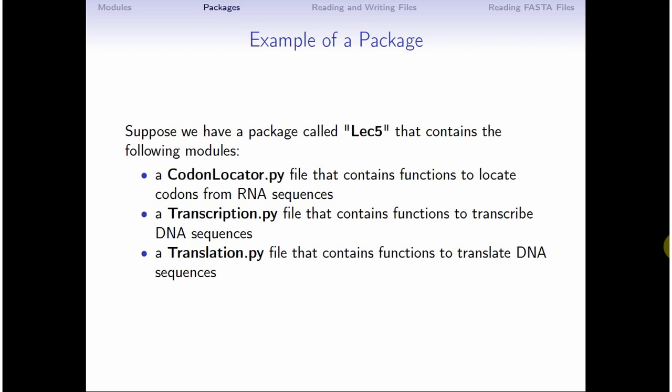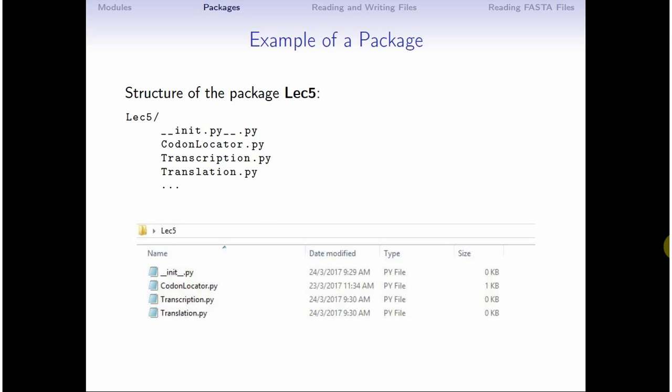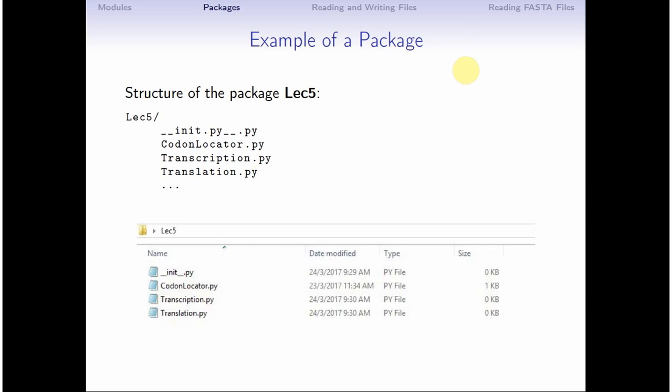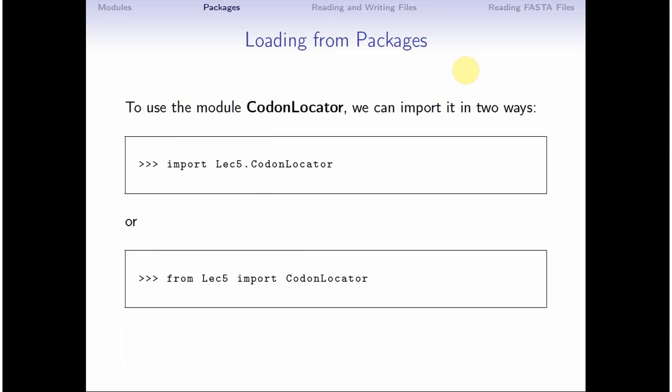Translation is to translate the DNA sequence. So the structure will look like this. This is the folder, and you must contain this file, then inside is all the files that you need. Then you import the same way, import lecture file. Later we're going to see an example.